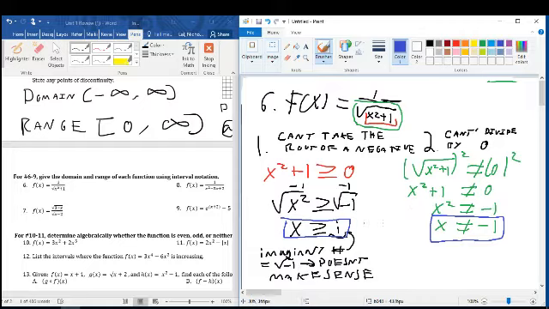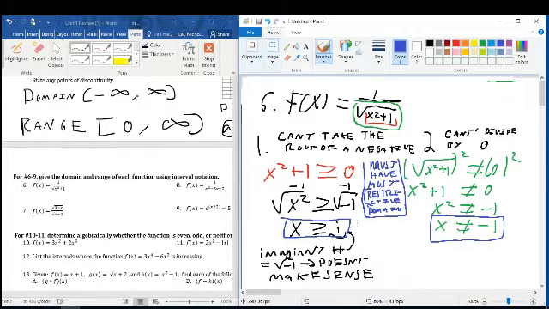And so because the domain must be the most restrictive domain, this one says x must be greater than or equal to i. This one says x cannot equal i.